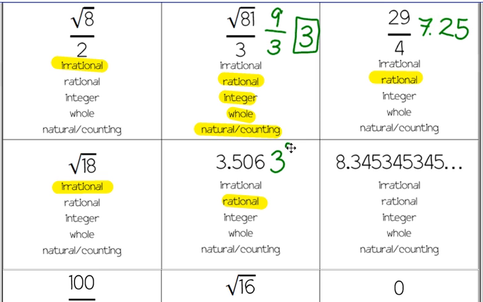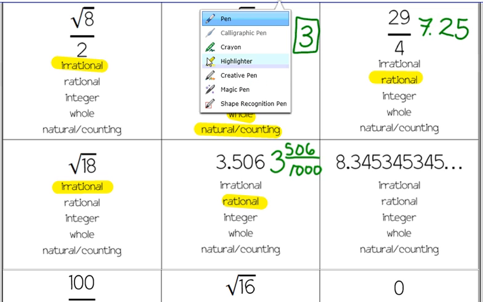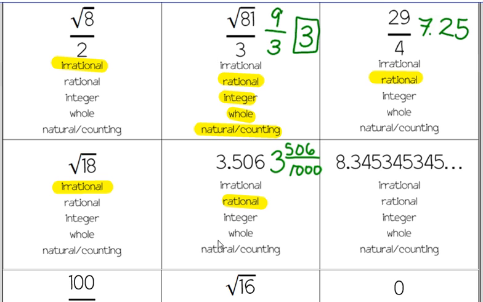So you could write this as 3 and 506 thousandths, so it could be written as a ratio. And since it has a decimal, it cannot be an integer, nor a whole number, nor a natural number.